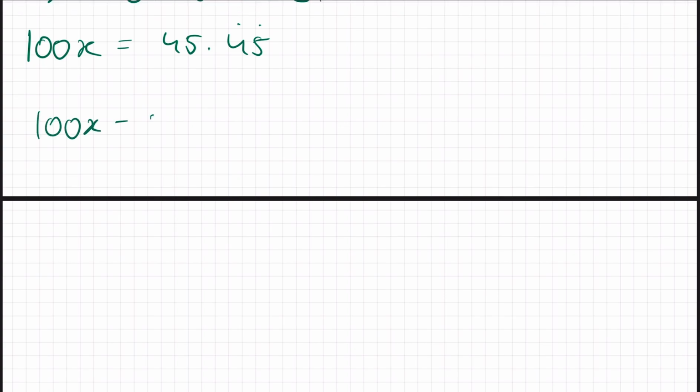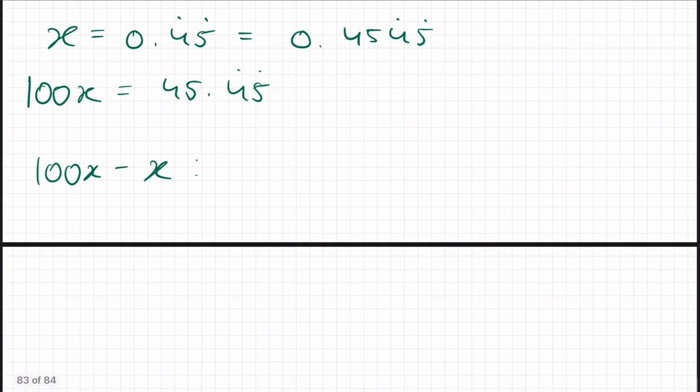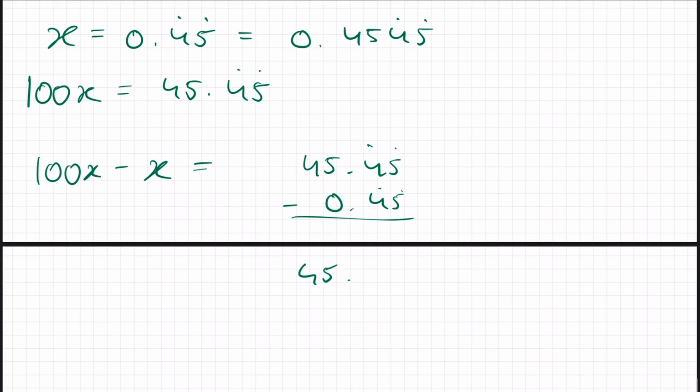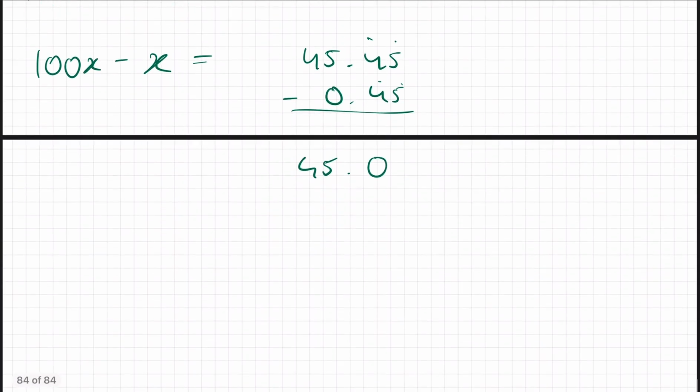So let me show you guys how that's going to look. 100x minus x is just going to be equal to 45.45 recurring minus 0.45 recurring. Subtract those and we get 45. These two cancel out, so again we're left with 0 in the decimals column.